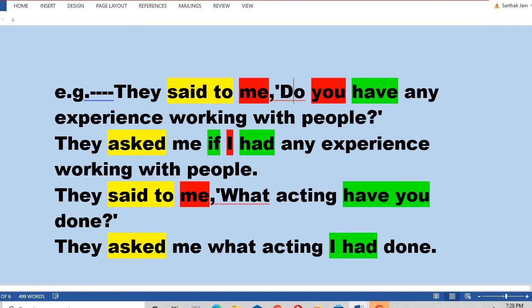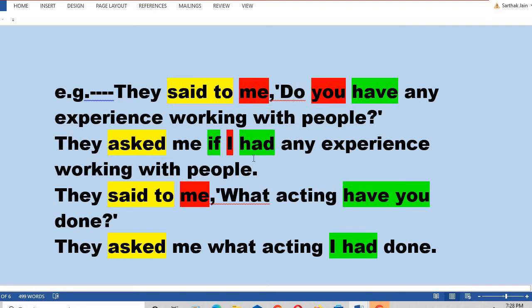Now just understand, you is the pronoun of the second person that will always change according to the object of the reported verb, that is me here, okay. Corresponding pronoun you have to use, and these rules are the same as I told you earlier.